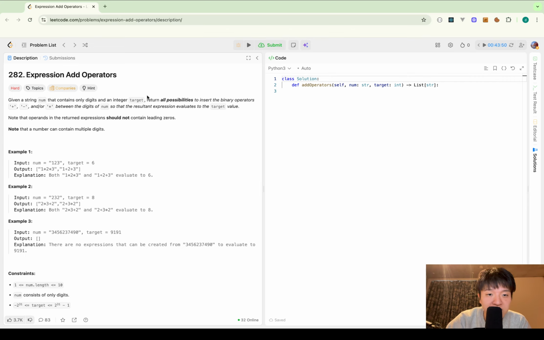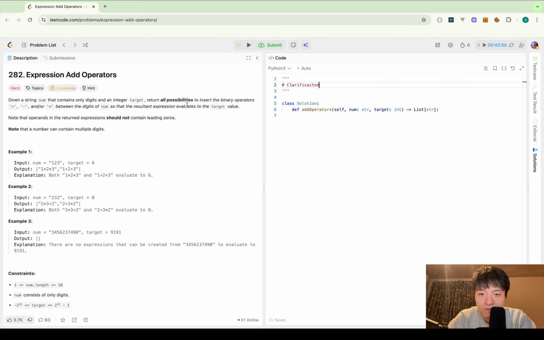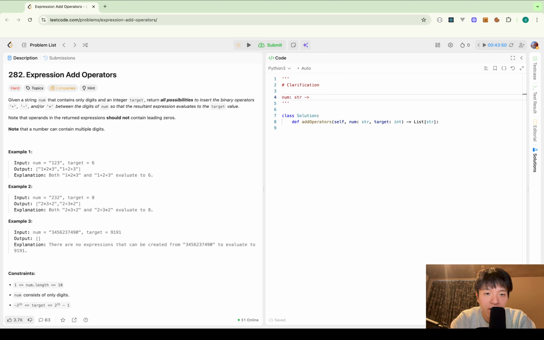Okay, so I should return all possibilities, a list of strings. Note that the number can contain multiple digits. Let me clarify my understanding first. I'm given a string num, and I will return a list of strings.